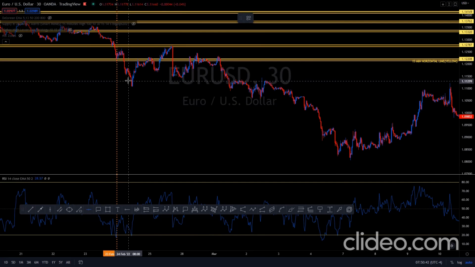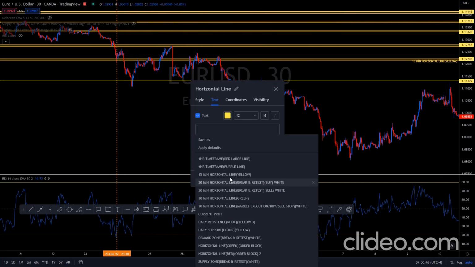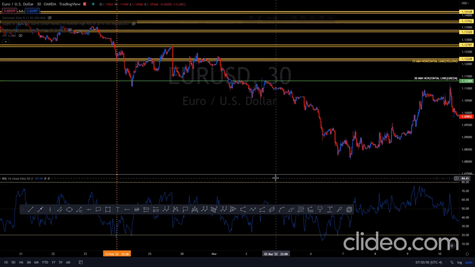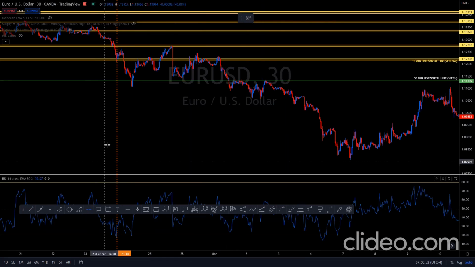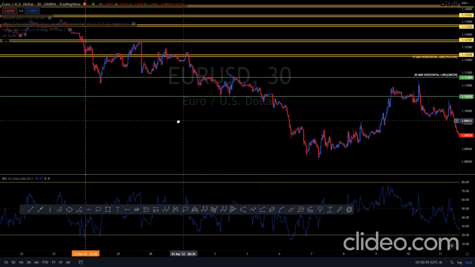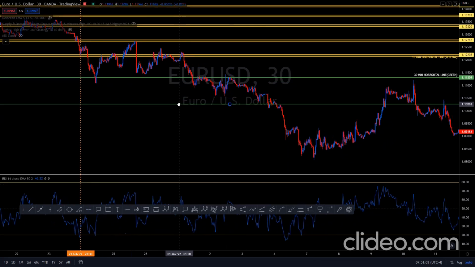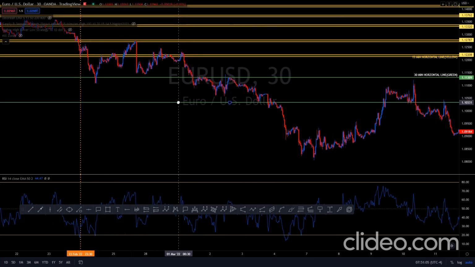So I would say this is a good area here. We're going to make this green. This is going to represent the 30-minute time frame market structure. Yeah, this is more appropriate.